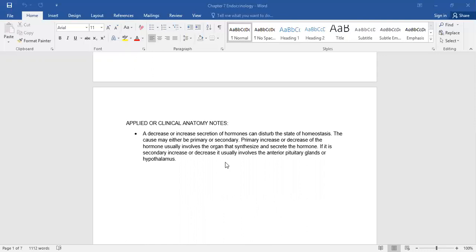When you see a primary increase or decrease of the hormone, it usually involves the organ that synthesizes or secretes the hormone. Let's say primary goiter. The problem is in the thyroid glands. But when you say secondary goiter, the problem is in either the anterior pituitary or the hypothalamus itself.